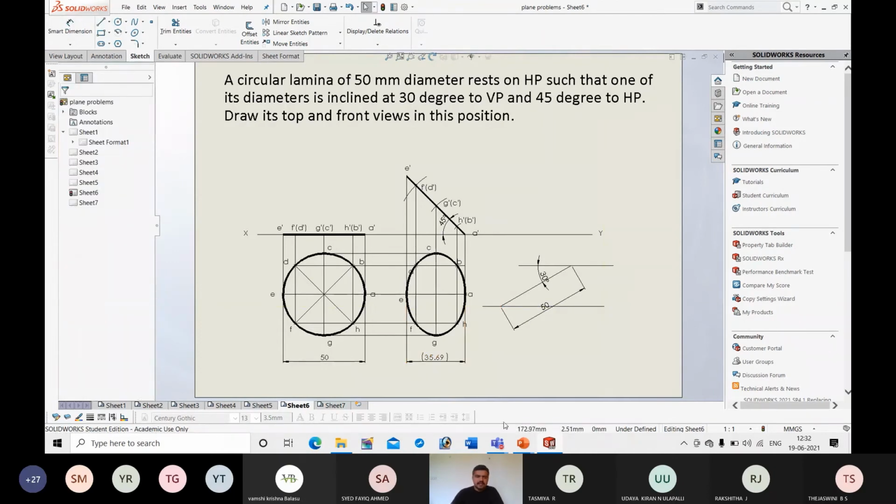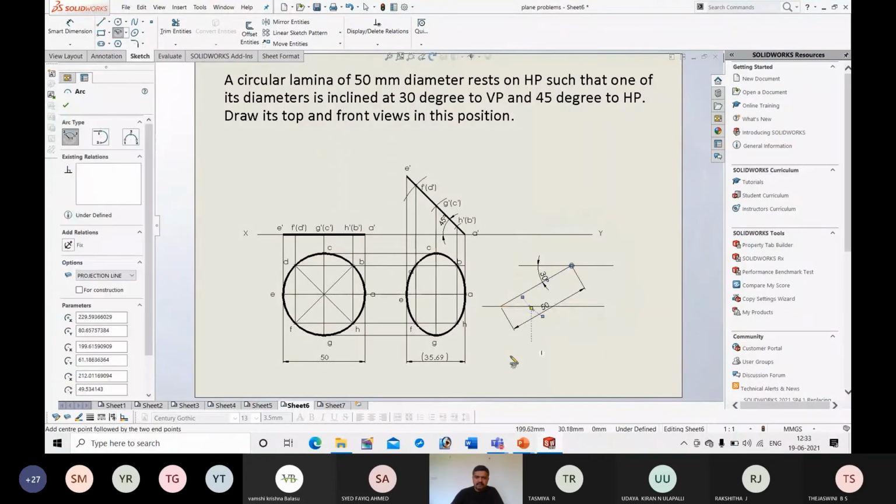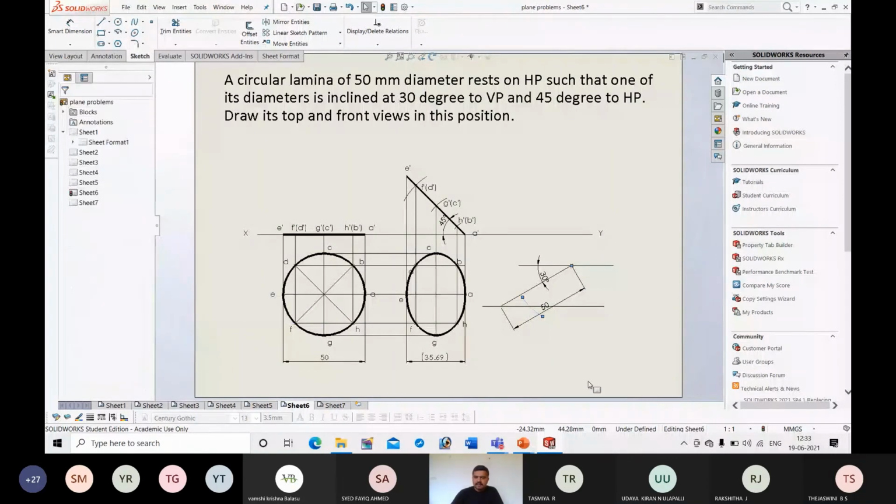Next take the false length and cut the arc. So this is center and false length of the diameter as radius, that is 35.69 as radius. Cut the arc. It is cutting this point.